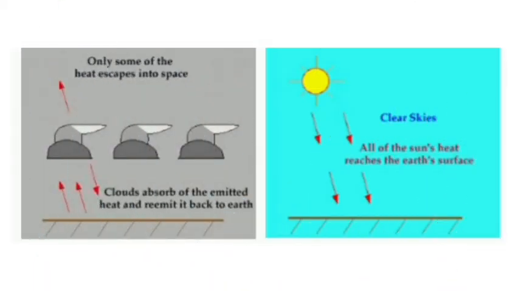Next, we can see how clouds and rainfall affect the distribution of temperature. Clouds are formed from water that has evaporated from oceans, rivers, and lakes. This evaporated water cools and condenses, forming clouds. It comes down in the form of precipitation and moderates the temperature of the place.